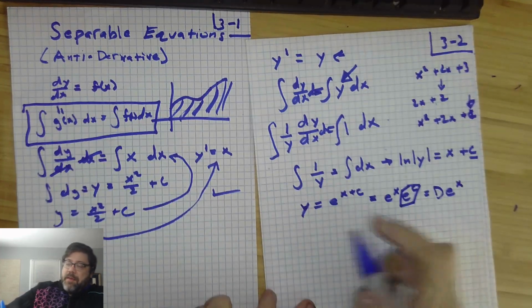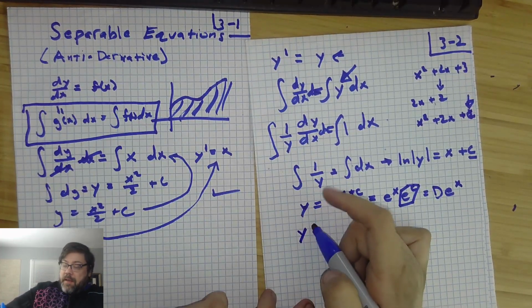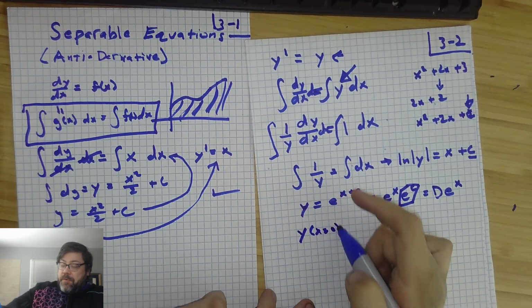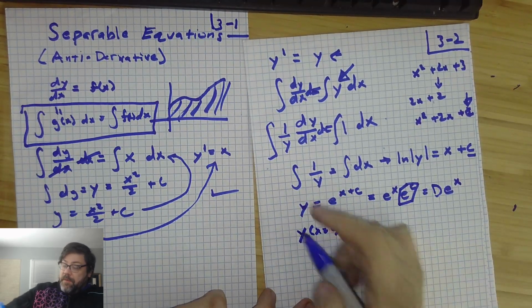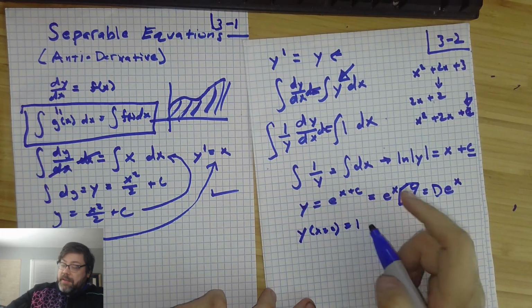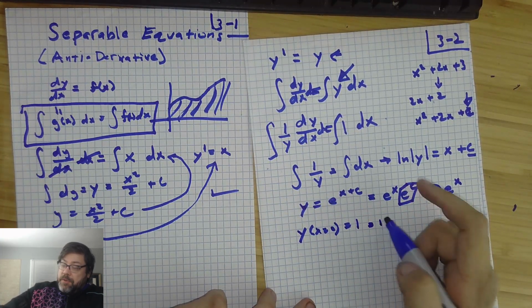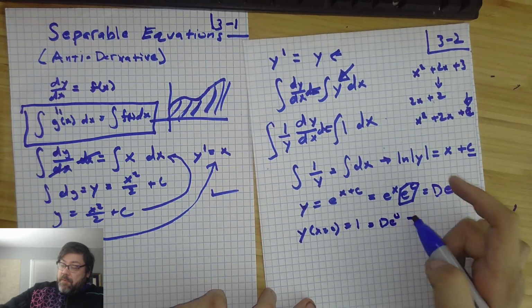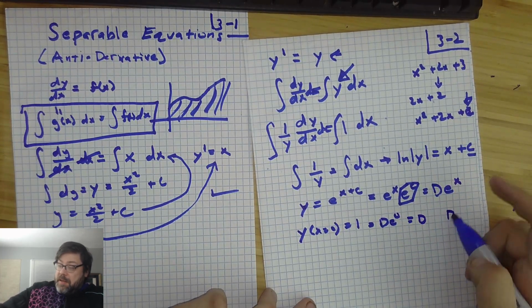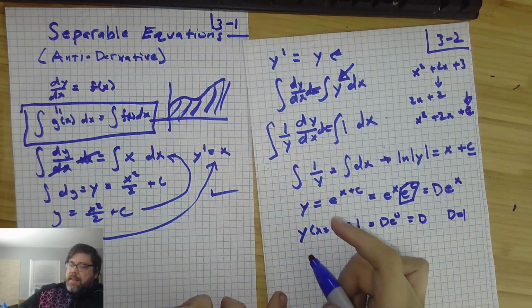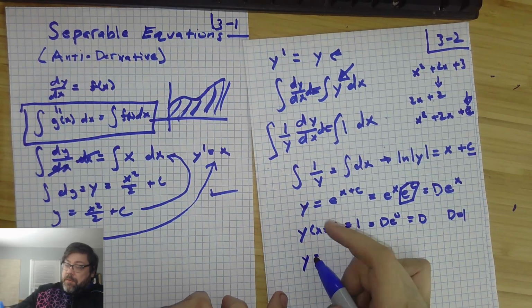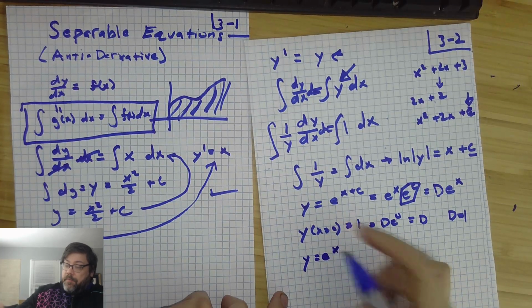For example, if y of x equals 0 equals 1, then I can solve for d. Here I would say y of 0 equals 1 equals d, e to the 0 equals d, so d equals 1. All right? And in that case, y would just equal e to the x.